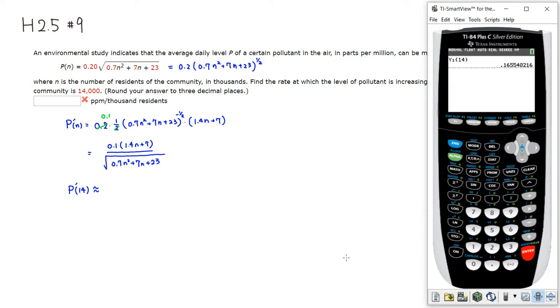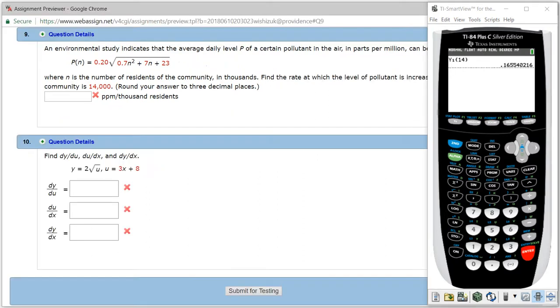We get 0.1655, so it's going to be 0.166. Let's plug it in. So we got 0.166, right? So let's submit for testing.